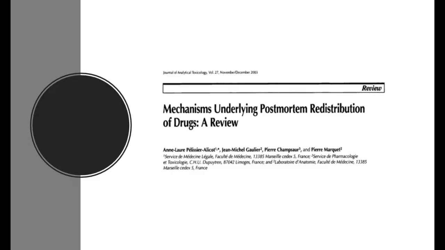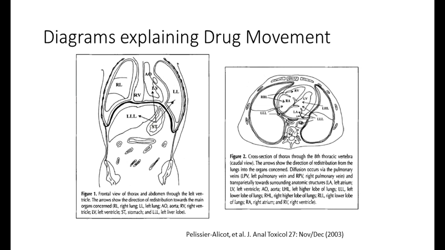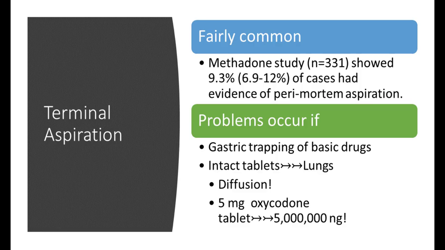Here's an example of this postmortem redistribution, a good article for review for those that are more interested. But as you can see here, drug moves from areas of high concentration after death to areas of low concentration. And so you can get increases in drug concentration after death, and that can mess up the interpretation of the concentration or the implication as the cause and manner of death.